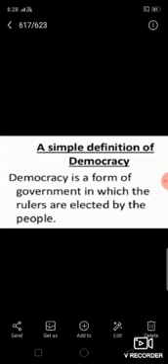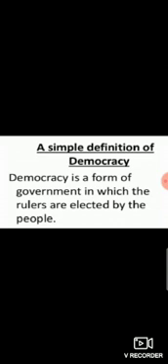But if we use this definition in an unthinking manner, we would end up calling almost every government that holds an election a democracy. That would be very misleading. That is why we need to carefully distinguish between a government that is a democracy and one that pretends to be one.